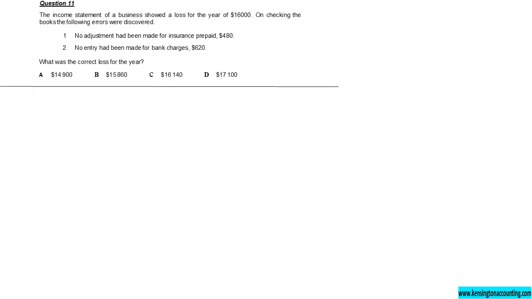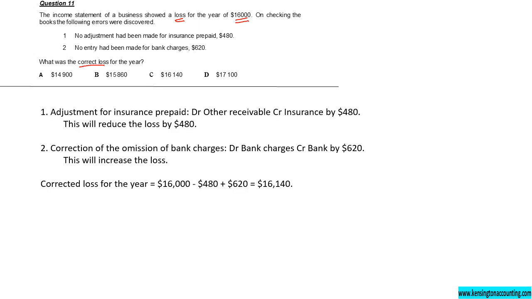Question 11. A business has a loss of 16,000, and subsequently it has discovered 2 errors. We need to make corrections of the errors to find the corrected loss. Item number 1, no adjustment has been made for insurance prepaid.